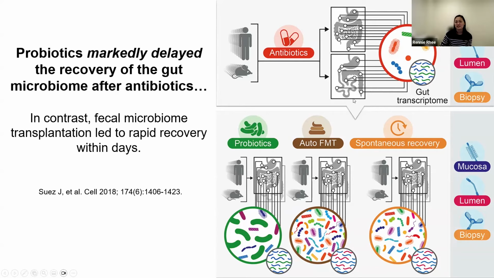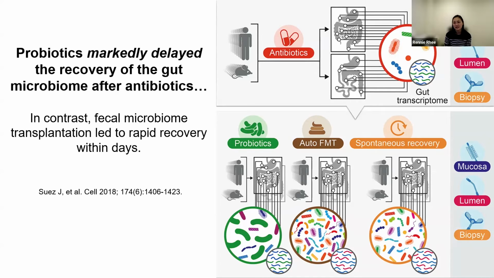They then took the people who got antibiotics and randomized them to get probiotics, an autologous fecal transplant, where they took their own stool before antibiotics and gave it back to them, or spontaneous recovery, meaning they didn't give them anything. And actually, the group that got probiotics had the worst outcome.